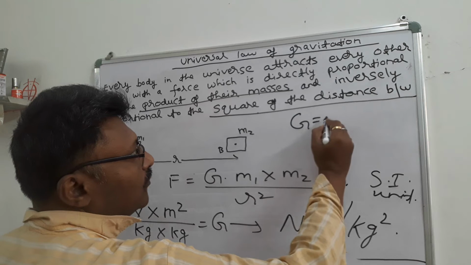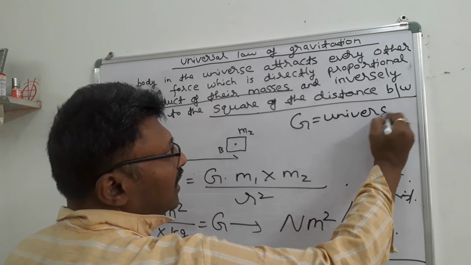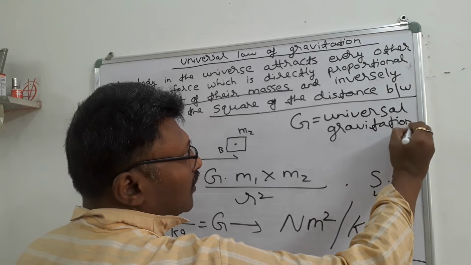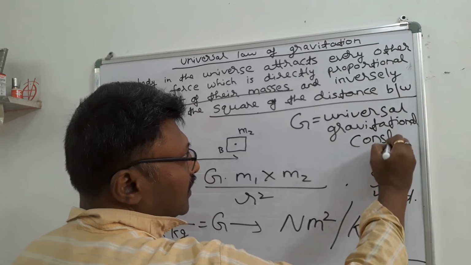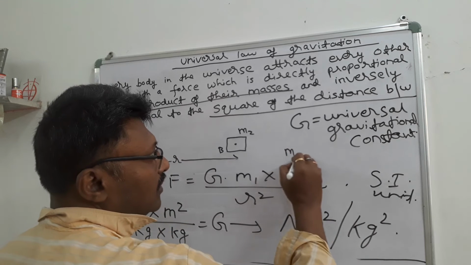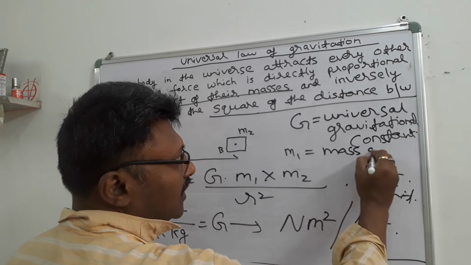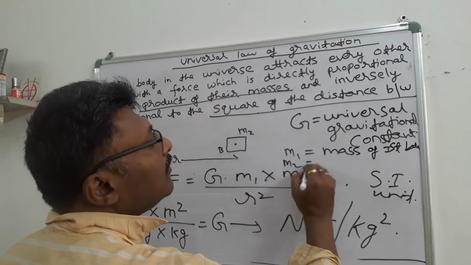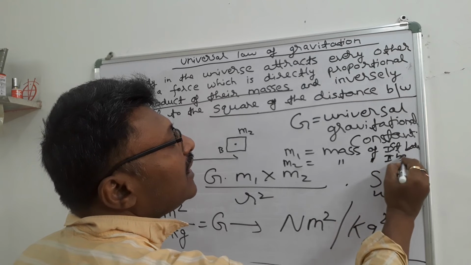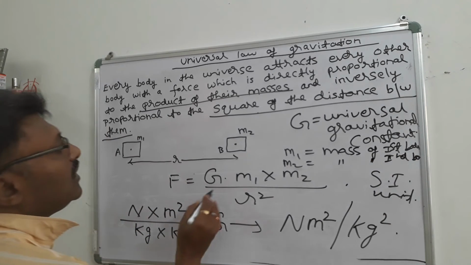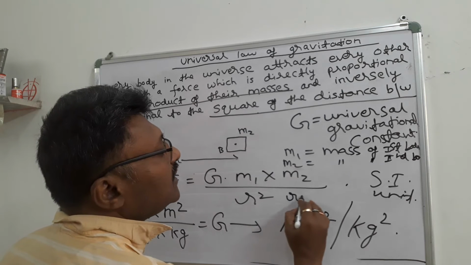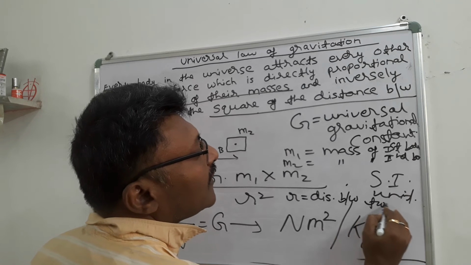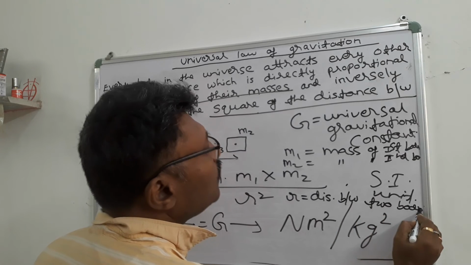Here G is said to be the universal gravitational constant. m1 is the mass of the first body, m2 is the mass of the second body, and r is the distance between the two bodies.